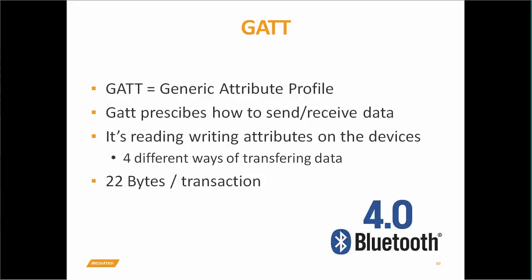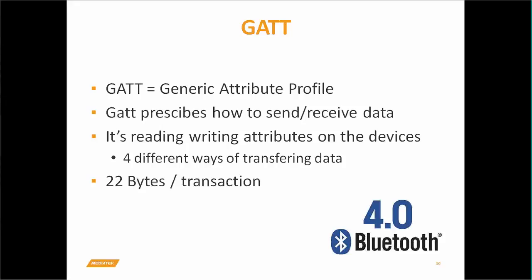And again, this is low energy and also low data rate. So the maximum bytes you can transfer per transaction is 22 bytes. If you want to transfer more data, then I recommend to go with standard Bluetooth, which is also supported with the LinkIt ONE, which can support much higher data throughput, and this is achieved by a serial connection through normal Bluetooth. But now we're looking at Bluetooth Low Energy.